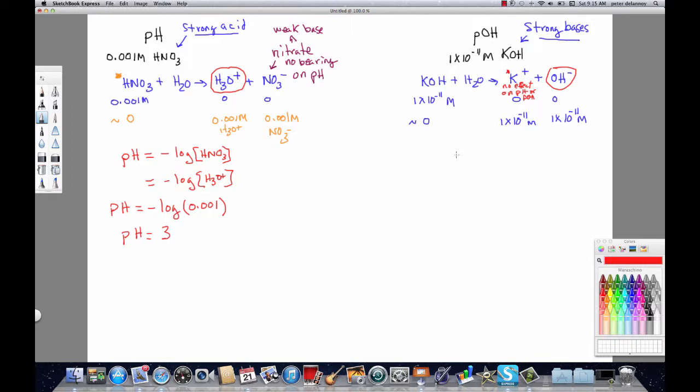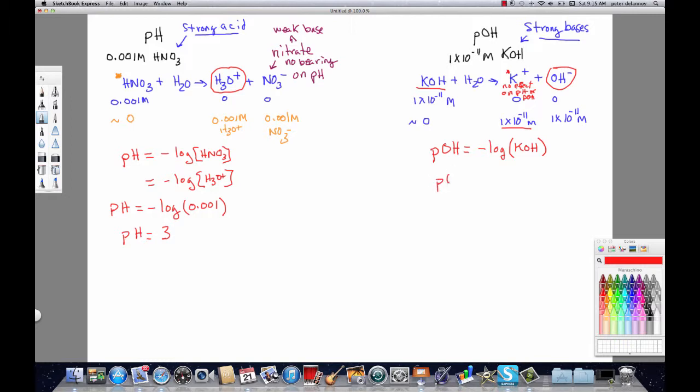Now, for the base, it has a similar looking equation. It's going to be pOH is equal to minus the log. And then, again, remember from the previous videos in the playlist that KOH is a strong base. Because it ionizes completely, we can also find the pOH directly from the initial concentration of the KOH.